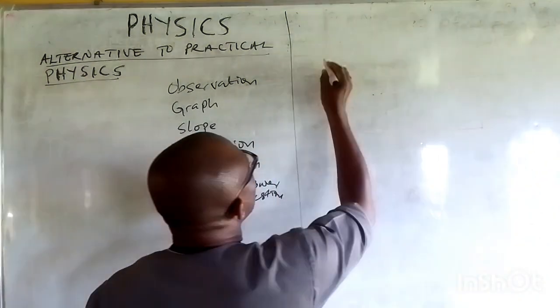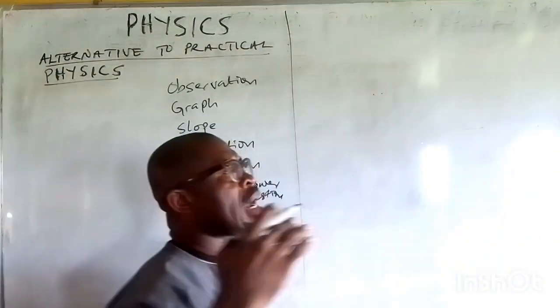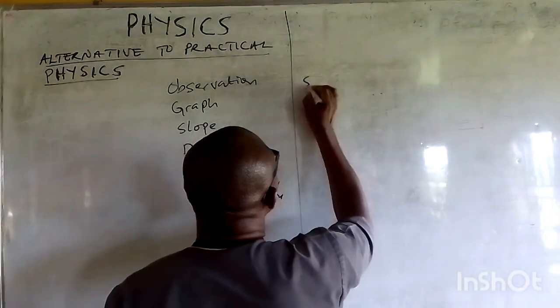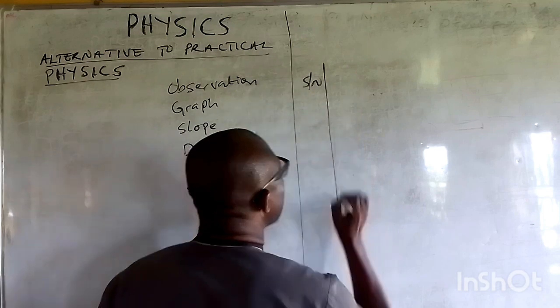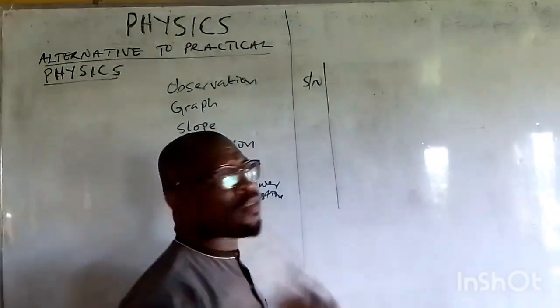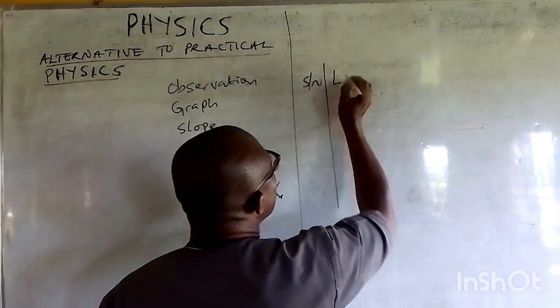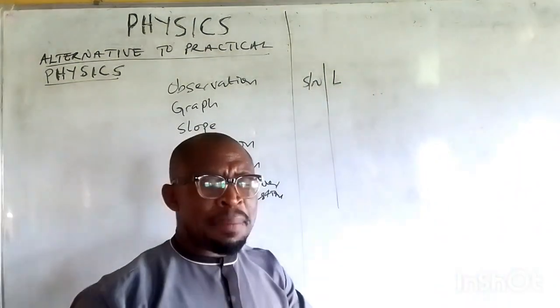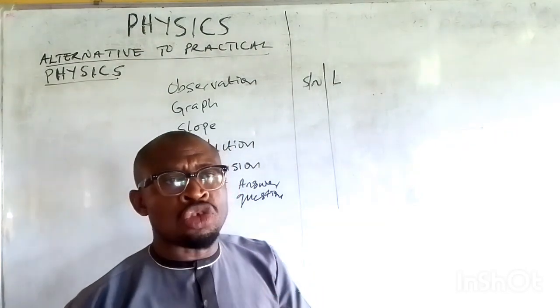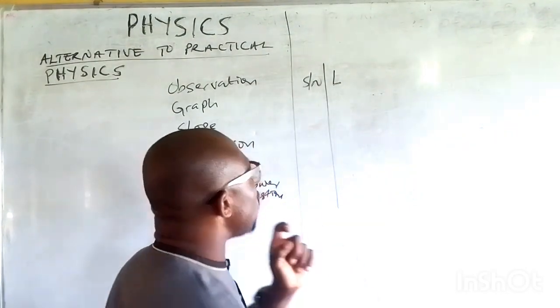For example, assuming we have a question from, let's say, elasticity. The first thing you should do is your serial number. After the serial number, maybe you are given a certain length. Remember you are not carrying out the practical in the hall. All you need to do is record the raw value.